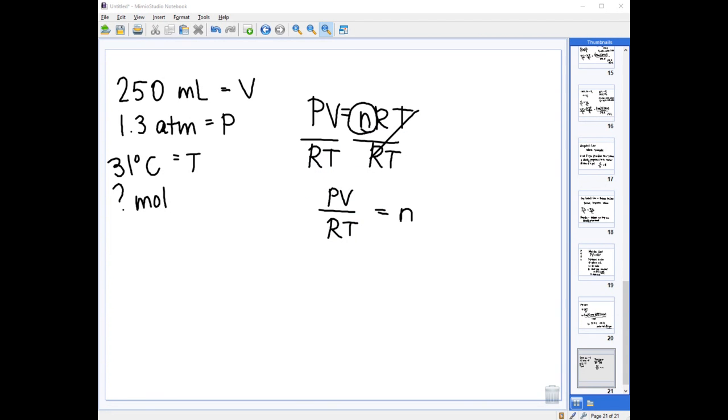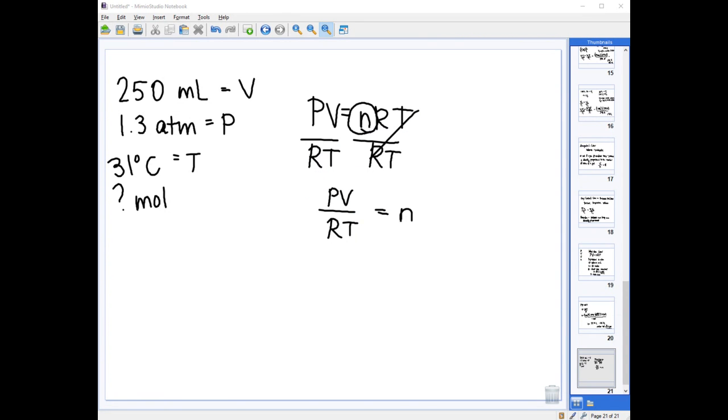No, why not? Why can't I just plug them in as they are? They're not in the right units. Okay, so temperature needs to be in Kelvin. All right, so I've got to change temperature. What about pressure and volume? Okay, so I have to change the volume to liters.